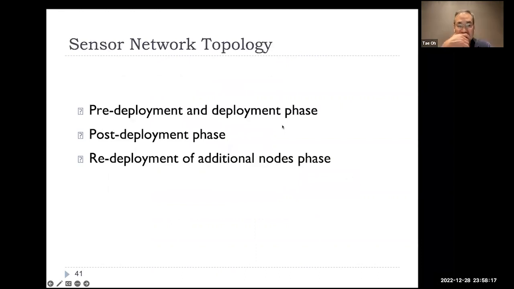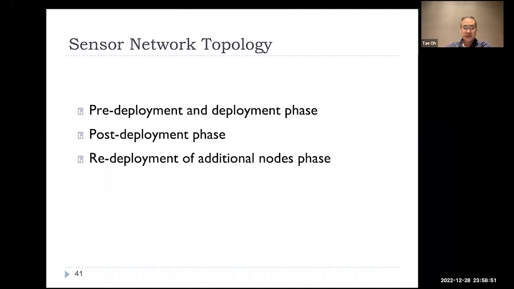So also the sensor network topology, how you want to deploy those. For example, pre-deployment is where you just figure out how you're going to deploy it, okay? Are you going to drop it from maybe 10,000 feet high, and let it spread?